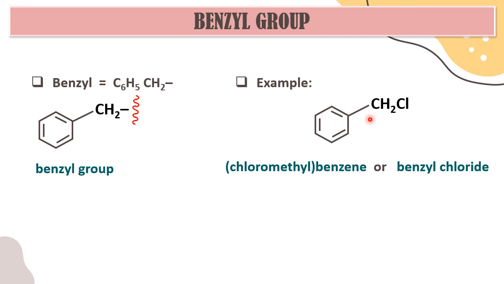So why is it chloromethylbenzene? Benzene is the parent. Chlorine is substituted on the methyl group. This methyl group is a substituent to the benzene. So that's why chloromethylbenzene. Or we can simply put benzyl chloride. So the whole thing over here is your benzyl, and then this is your chloride.